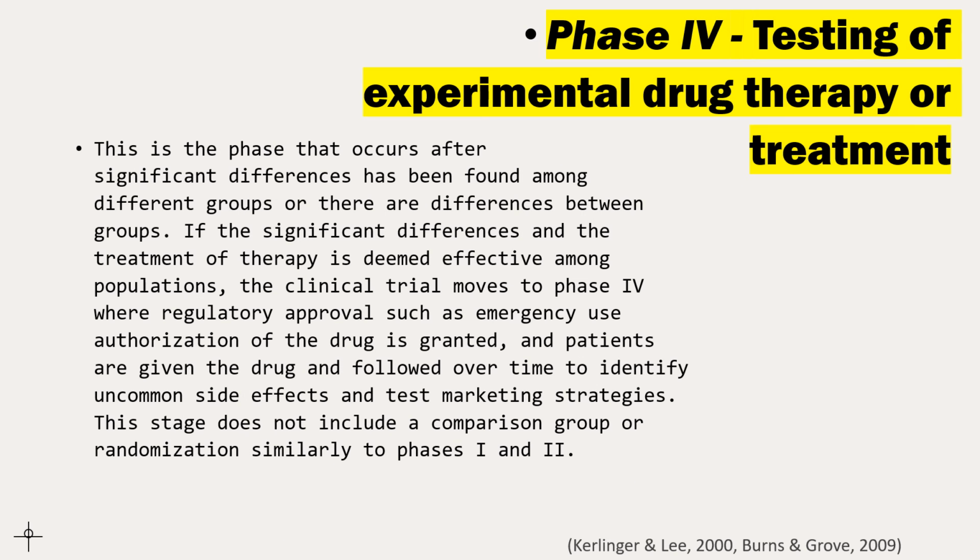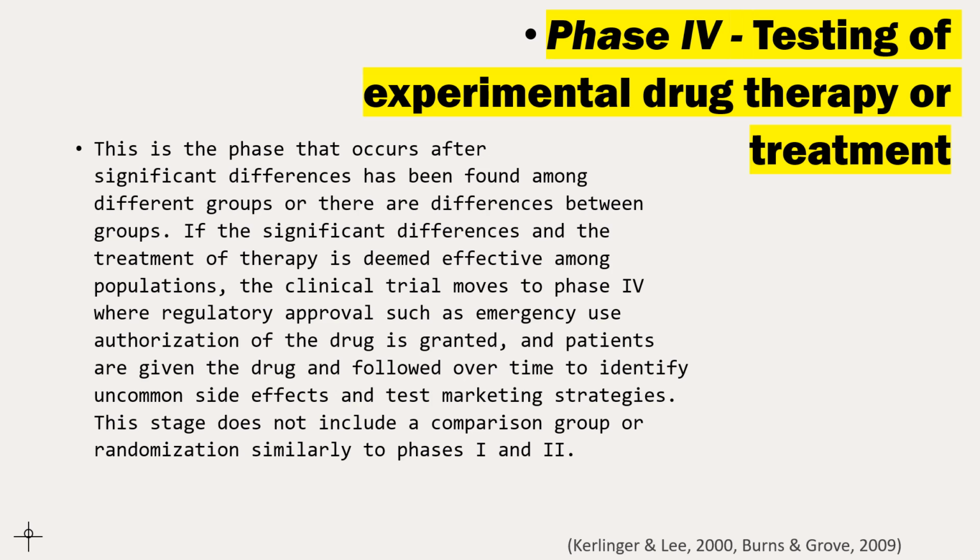So the next phase that we will look at is phase 4. This is the phase that occurs after significant differences have been found among different groups, and if the treatment is deemed effective among the population, the clinical trials will move to phase 4, where regulatory approval, such as the emergency use authorization of the drug, is granted.